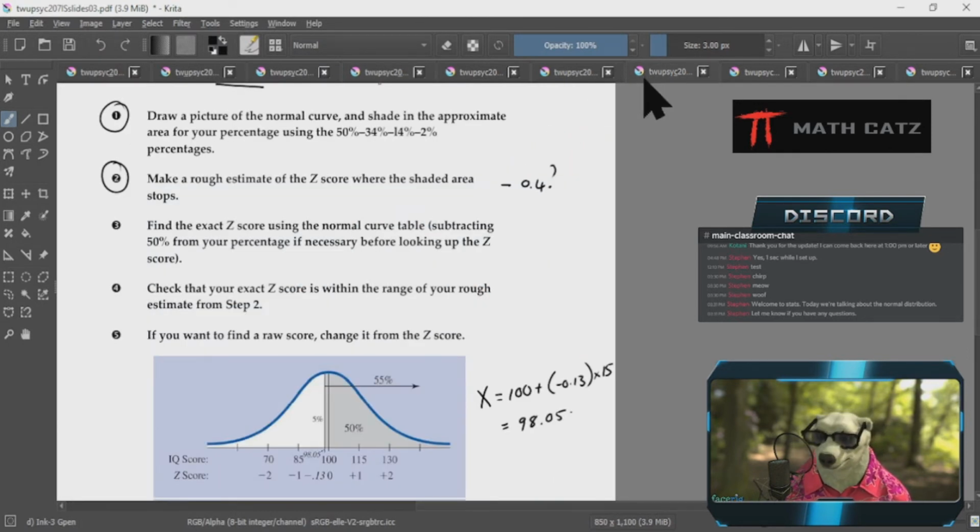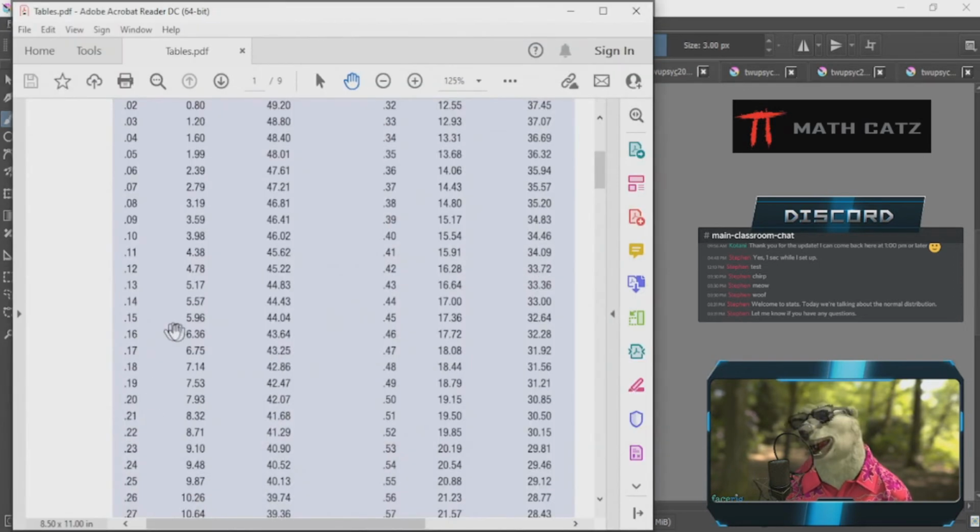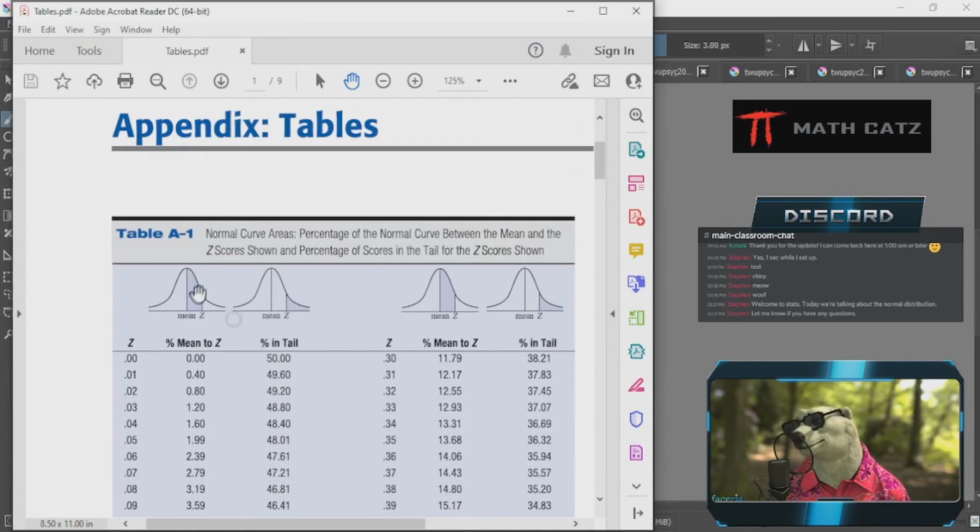Which slide am I on? Here we go. So just to keep it consistent with this slide, let's take 0.13, but I would average them out if it's in the middle. Doesn't matter right now. So I get that from the table, right? I'll just say 0.13 so that it matches what you see here. I make it negative, even though the table values are positive. It's just on the other side.